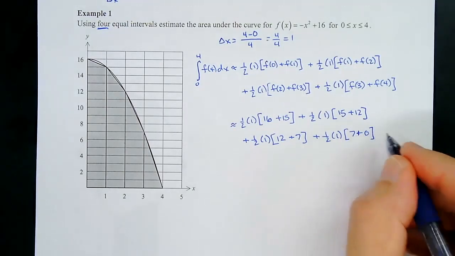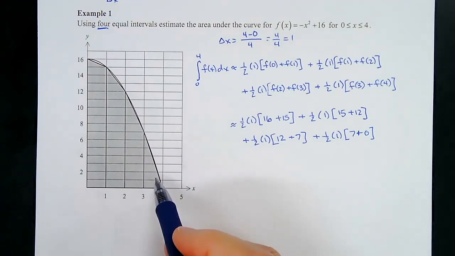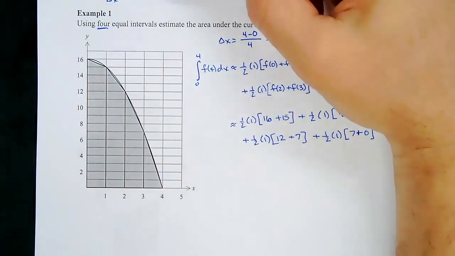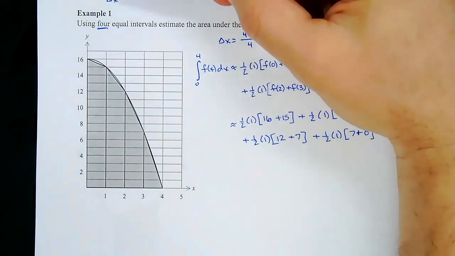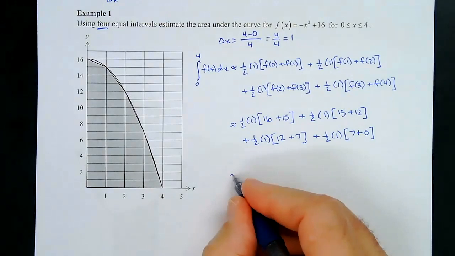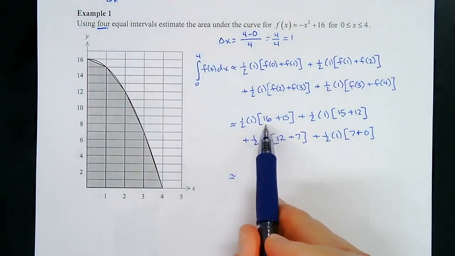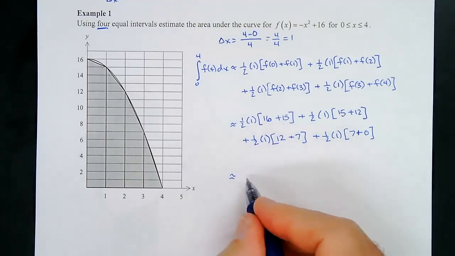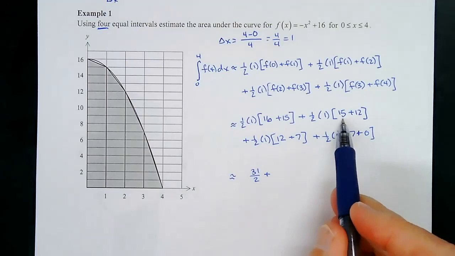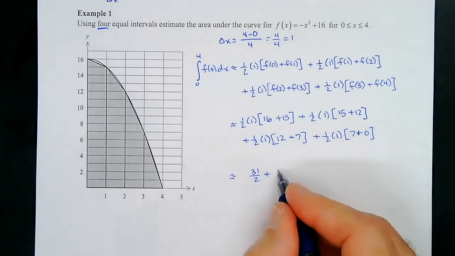And actually, this last little piece isn't even a trapezoid, it's actually a triangle. But you could use it, a triangle is just a trapezoid where one of the bases has become 0, okay? All right, so cleaning this up again, this would be 1/2 times, and this would be 31, so that'd be 31 halves plus, and this right here would be 27, so 27 halves.